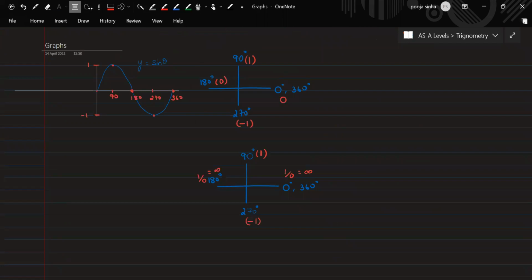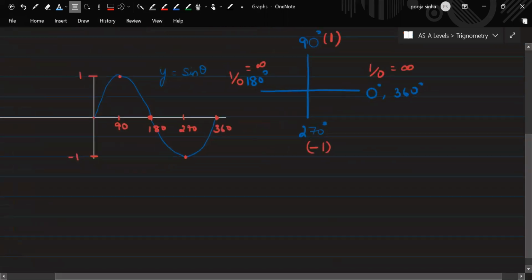Now we are going to draw it. And the curve is about cosec theta now. Okay.